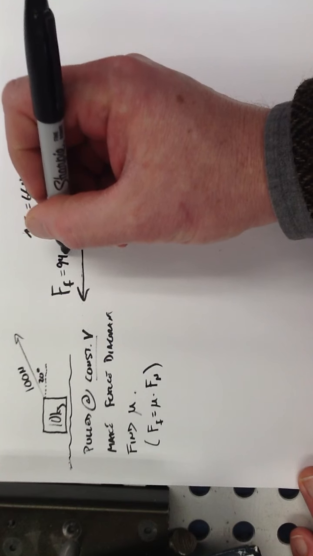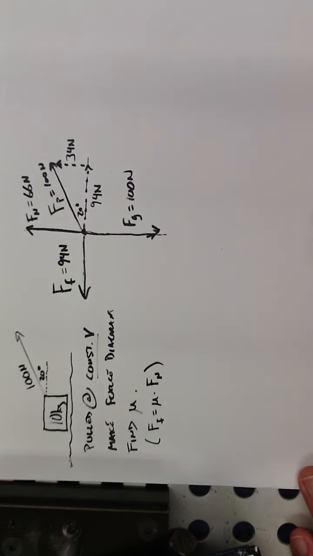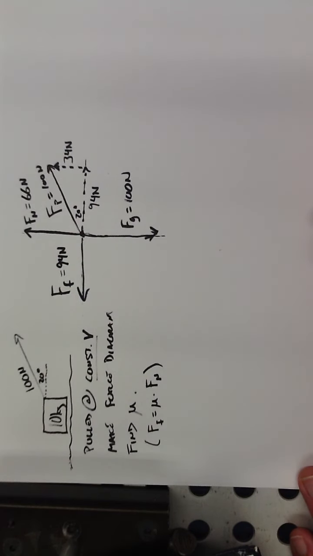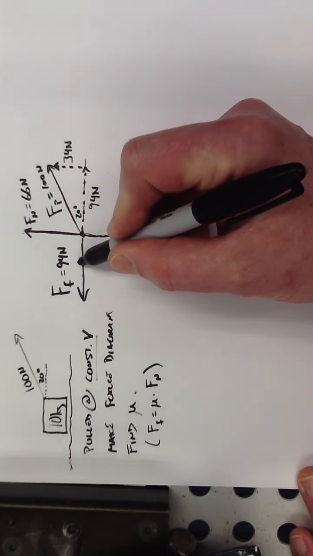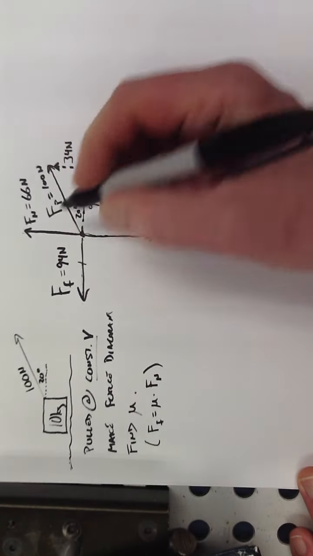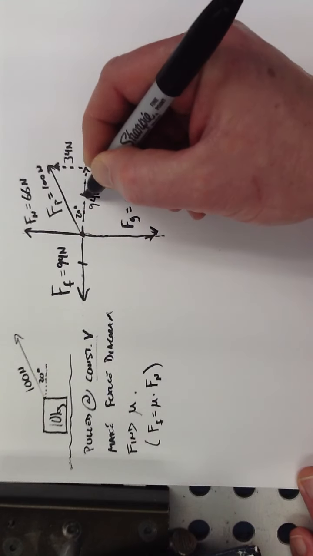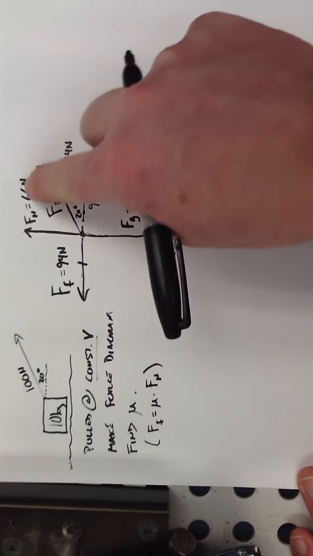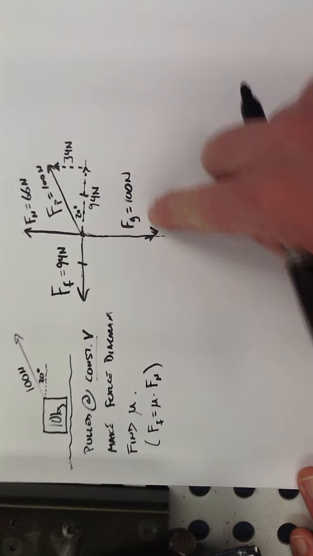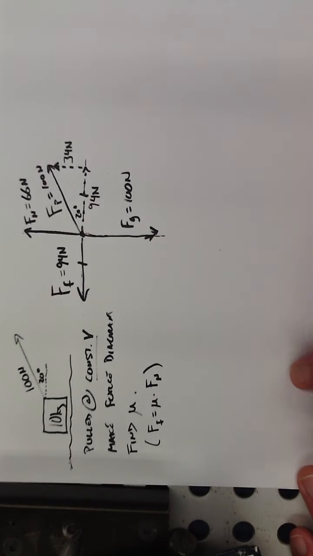That's the only way that can happen. And now I'm good. On my left and my right, if you want to make little marks, you could do it on those, because there's only one here, one here. So left and right are balanced. Up and down are balanced. That force diagram is done.